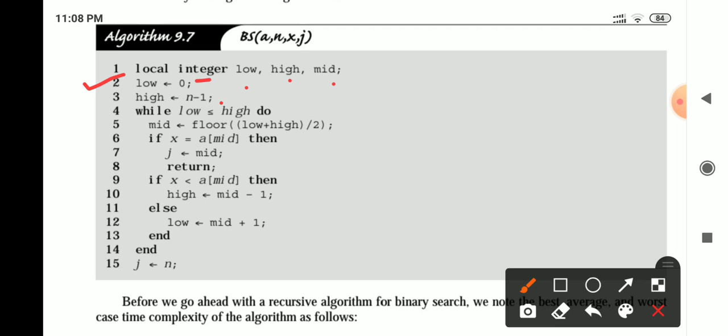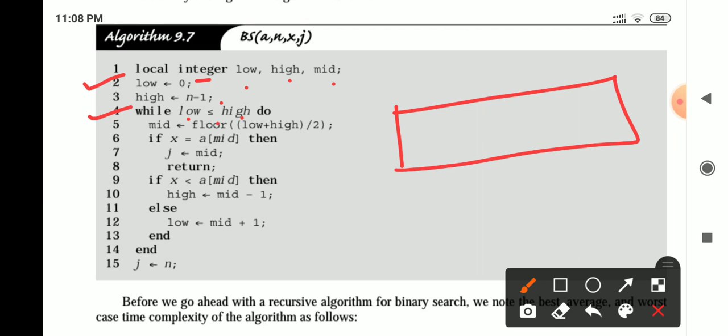Now always we are going to check the while. While low is less than or equal to high, we are going to find out the mid. Now what is meant by that? Here we have the value of low, and here we have the value of high. When low is less than or equal to high, at that time we are going to find out the mid.